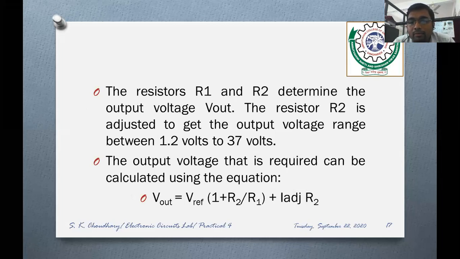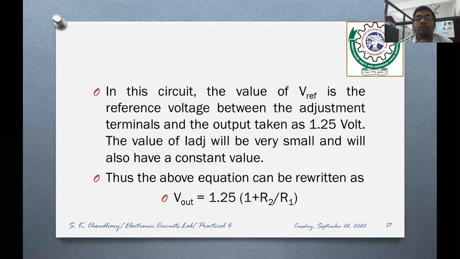And we have defined the equation that is used for calculation of the output voltage, that is V out is equal to V reference into (1 plus R2 upon R1) plus I adjustment into R2. This is the most important formula for the overall discussion of the LM317 that you have to remember for the solution of numericals and the design of voltage regulators.